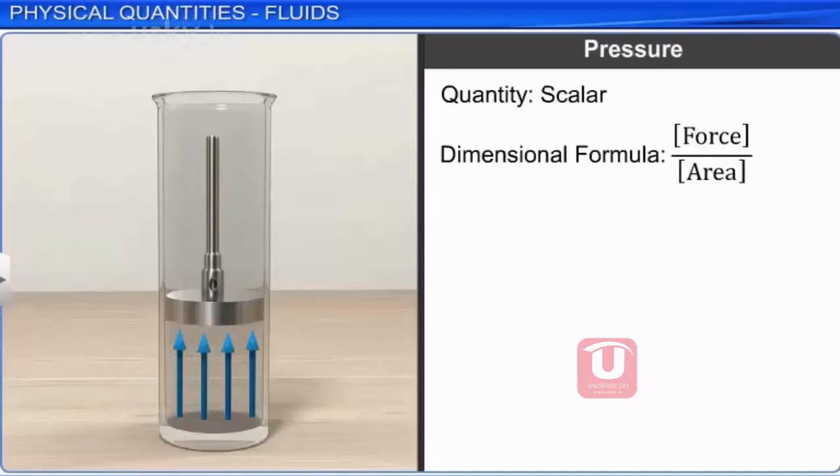Similarly, the SI unit of pressure is the ratio of SI units of force to that of area, which is Newton per meter square, which is also referred to as Pascal or Pa. Pressure is commonly expressed in atmosphere, symbolically written as atm.